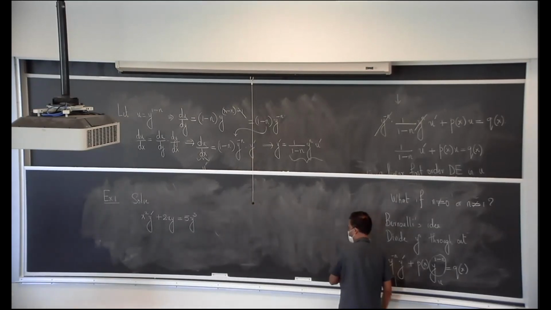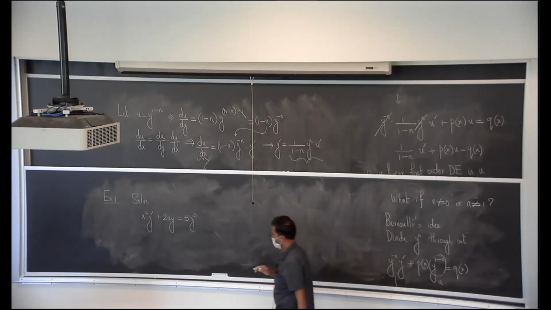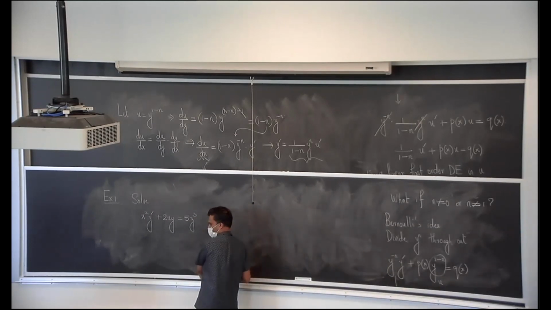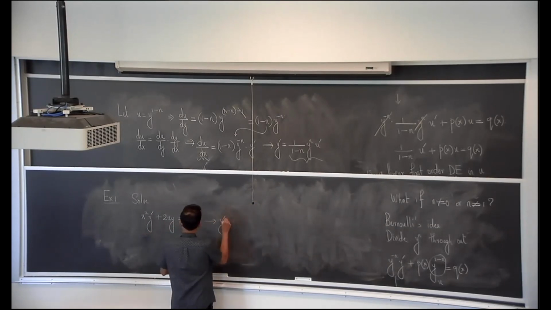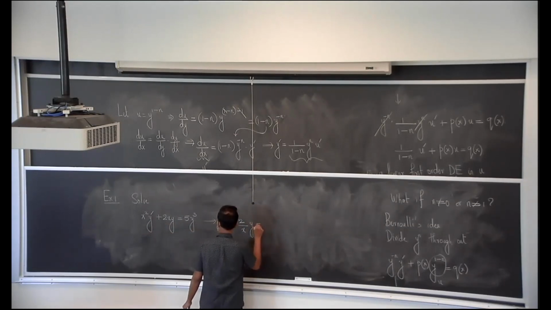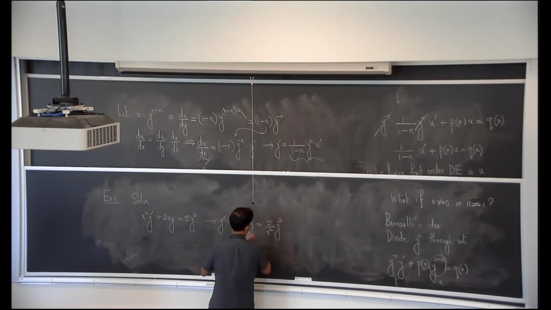First thing, convert it into standard form, just like you do in all the problems in section 1.4. Divide throughout by x squared. So y prime plus 2x over x squared, which is 2 over x, times y equal to 5 over x squared times y to the power of 3.